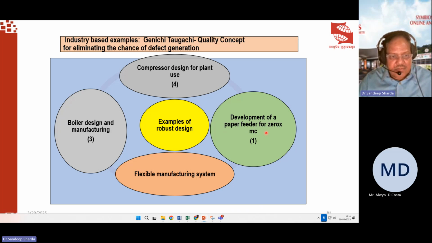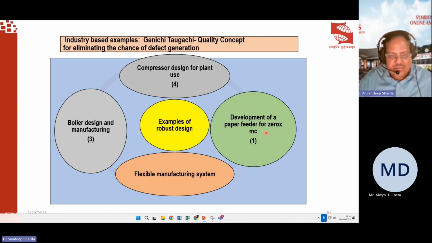Then boiler design and manufacturing is very crucial, as there are so many subsystems in the boiler, each with a very specific boundary. However, they are very well connected to each other, and a disturbance in one parameter of any subsystem is going to have an impact on another subsystem and on the complete system as well.